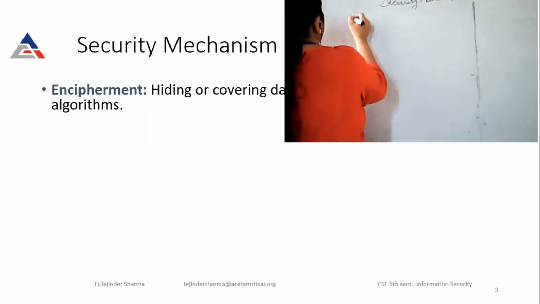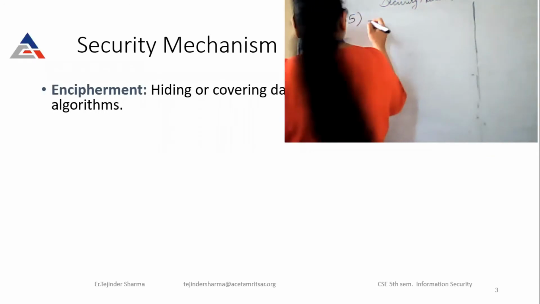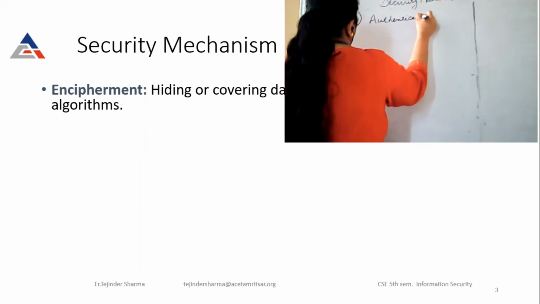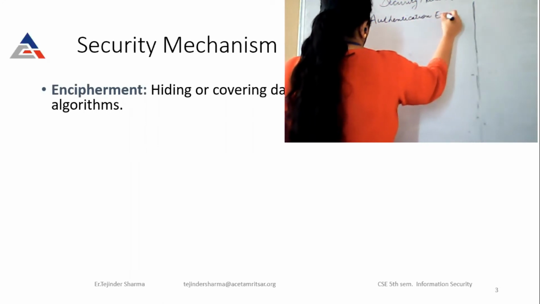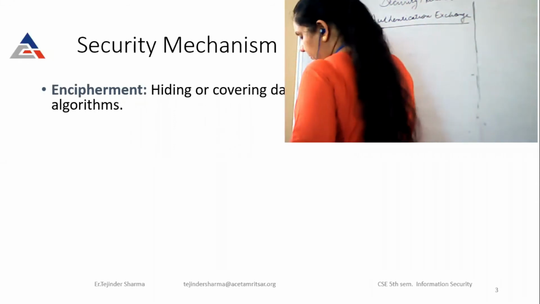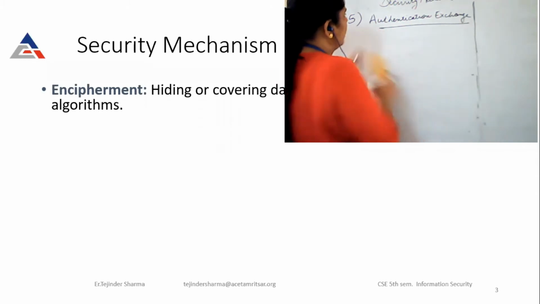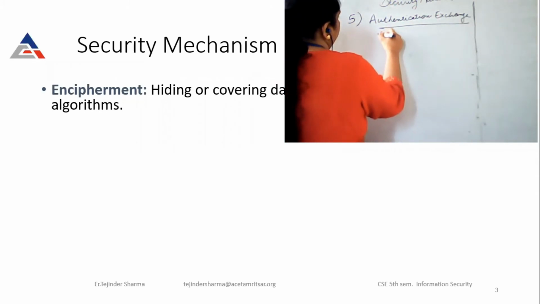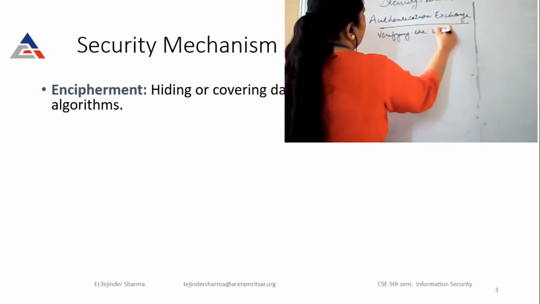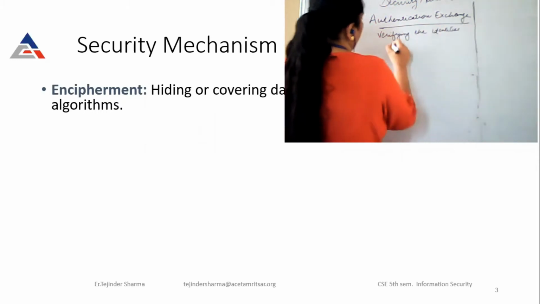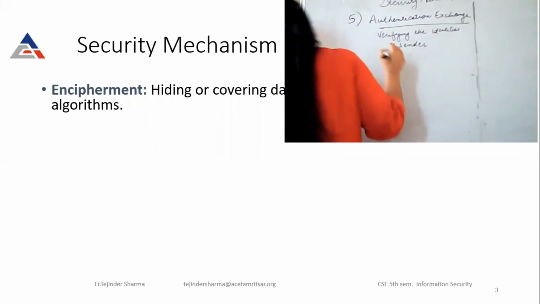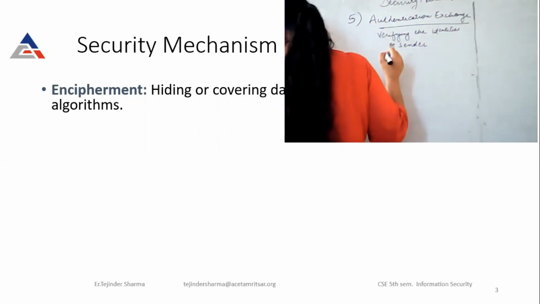Next is authentication exchange. This is my fifth point. Authentication exchange means verifying the identities of the sender and receiver, both.